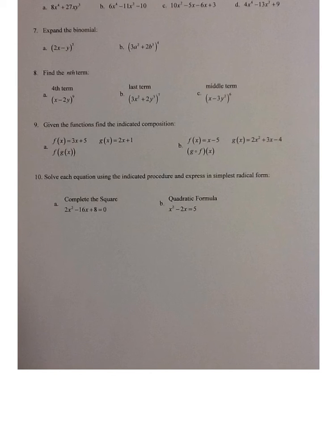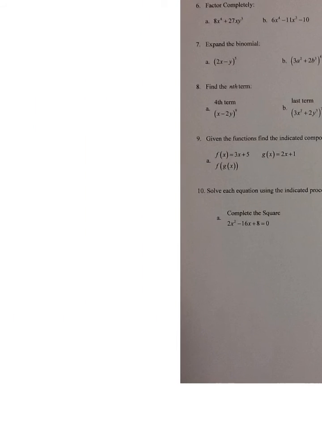Okay, so 8 is to find the nth term here. So I want the 4th term. So you're going to count backwards from 9 and count on your fingers till you get to your 4th finger from 9. So it'll be 9, 8, 7, 6. So it would be 9C6 we would use.